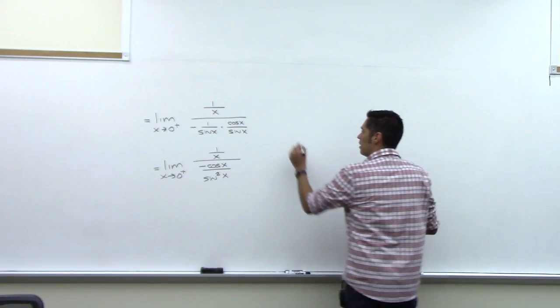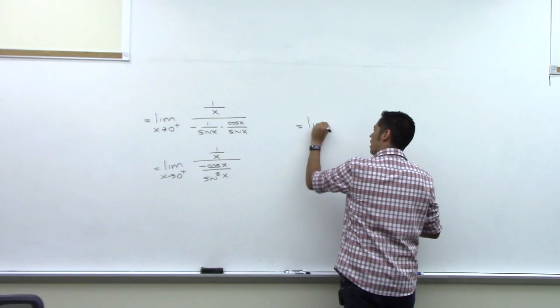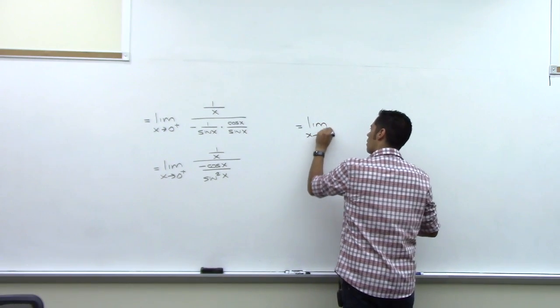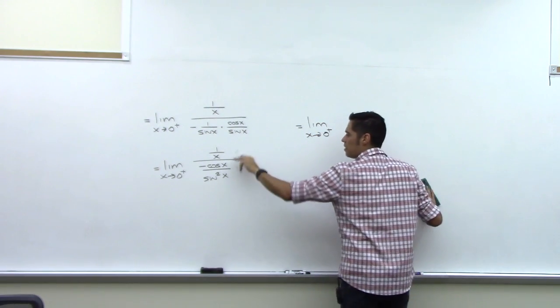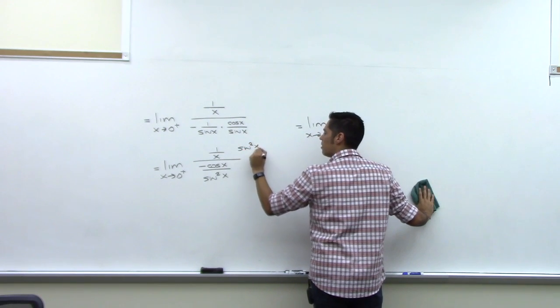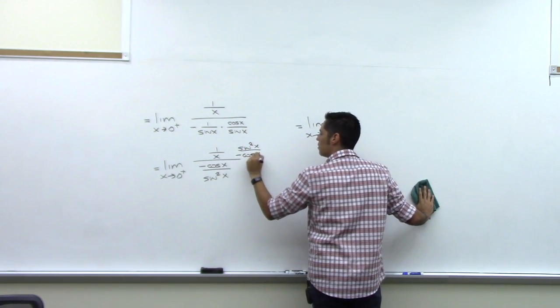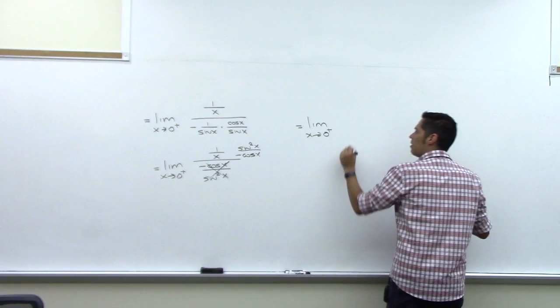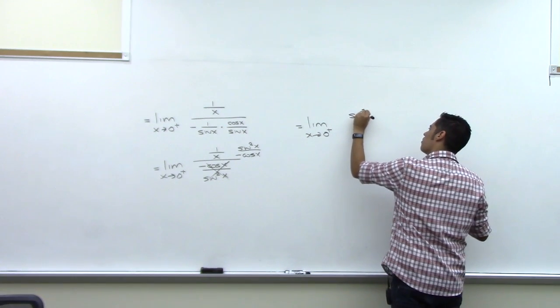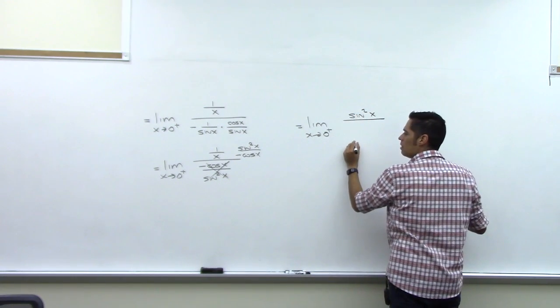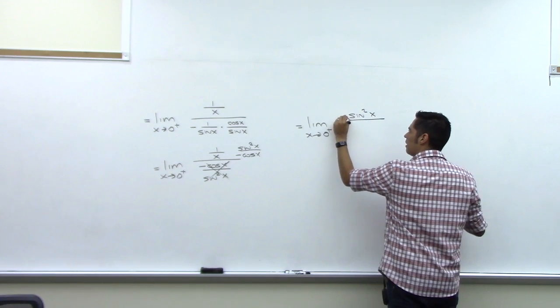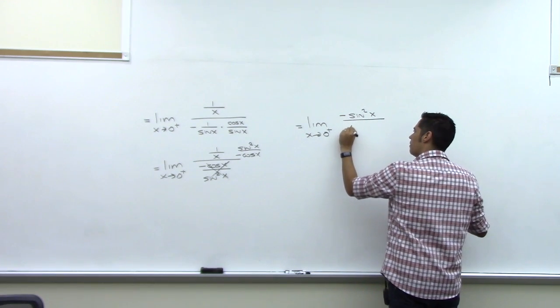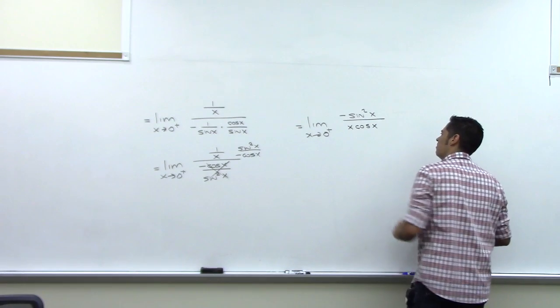Trying to get an idea of what this thing does. See if I can do L'Hopital again. Okay, so when I flip this up, the sine squared x goes on top, the negative cosine x goes on the bottom. So I have sine squared x over negative, let me put the negative up here. It doesn't matter if the negative's on top or bottom. x cosine x on the bottom.